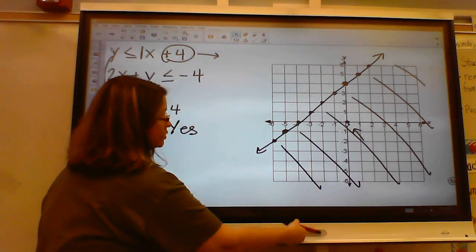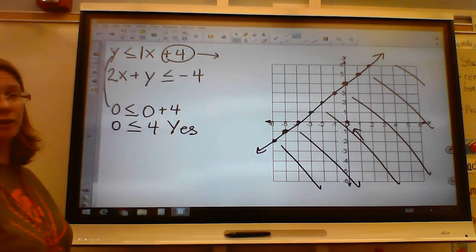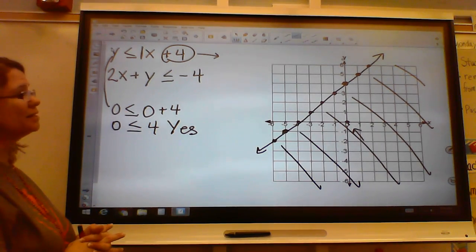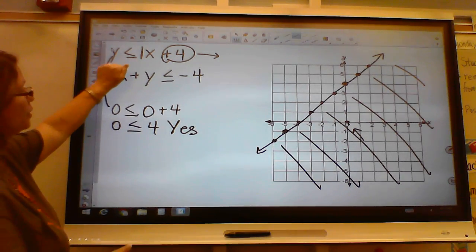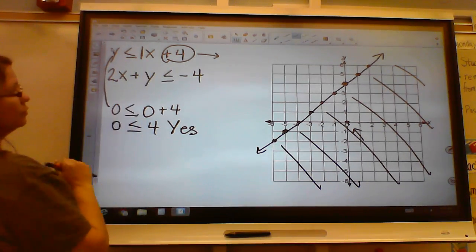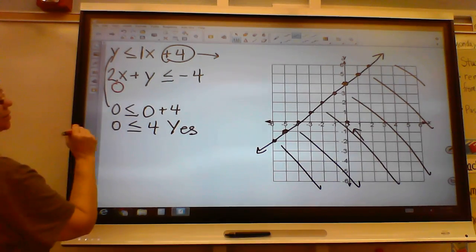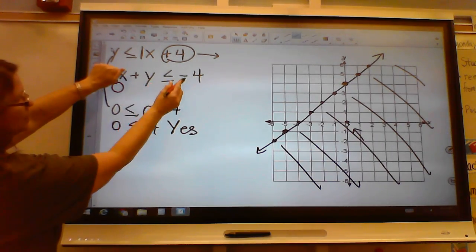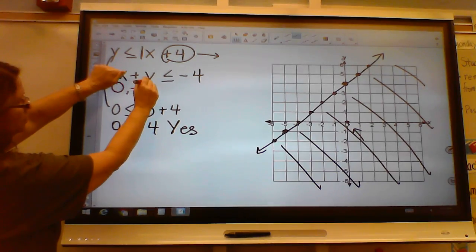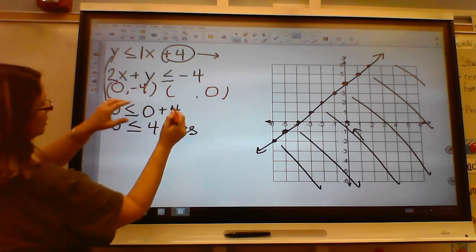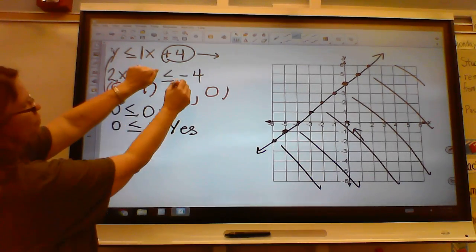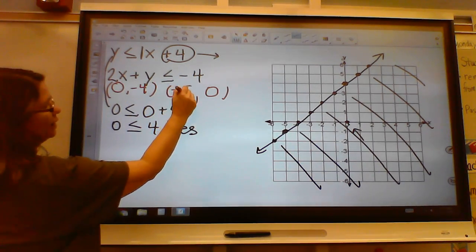Now we're going to switch colors, and we're going to do the same thing but with the second equation. This particular problem is not in slope-intercept form, so there are a couple of options. You could do the (0, 0) method. Remember, where you plug a 0 in for x, cover it up, and say y must equal -4. You could then plug a 0 in for the y, divide by 2, and x would have to be a -2.